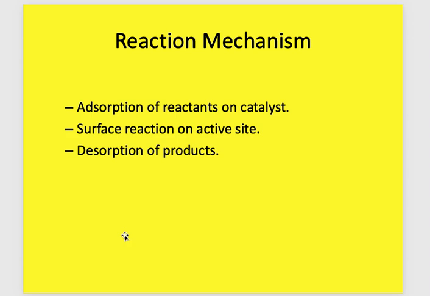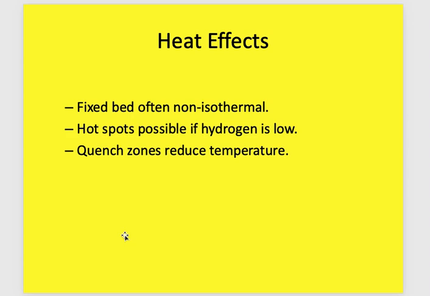The reaction mechanism. Here, the adsorption of a reactant on the catalyst surface. The surface reaction, there are many active sites to implement the reaction. Desorption of the product can happen also. The heat effect: a fixed bed is often non-isothermal and a hot spot is possible if the hydrogen flow is low.